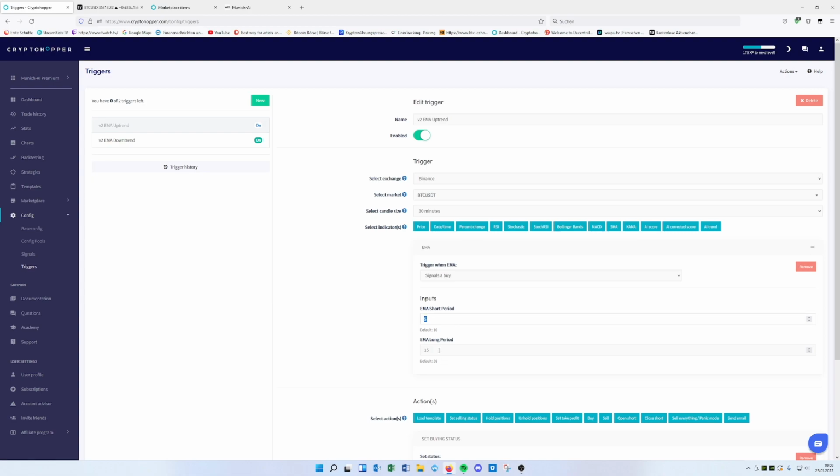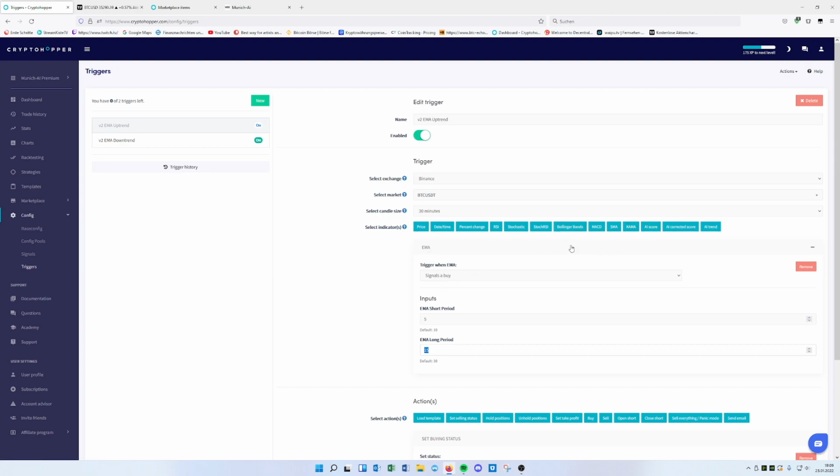We choose, we found out, the 5 and 15. It's all the same on the Bitcoin, because Bitcoin is still the dominating one, which every other coin orientates on. They like the exchange Binance. We're looking at a smaller time frame, like the 30 minutes, and choosing here select indicators, and then EMA.